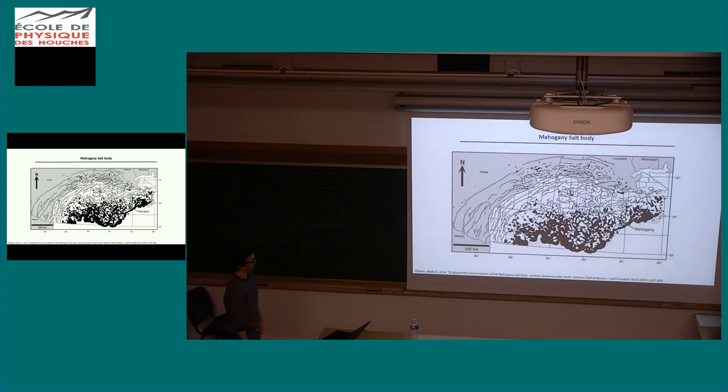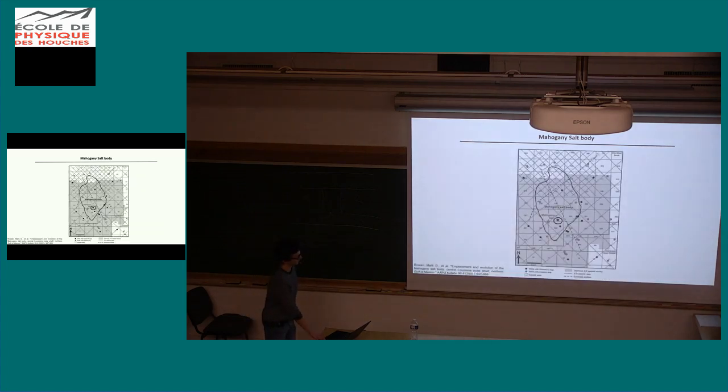Hope you can see that. And the Gulf of Mexico is actually quite an extensively studied area, because there have been loads of oil and gas discoveries in the past. Just a very quick closer view, so you have an idea about the scale we are talking about. Just a closer view of the mahogany salt body.